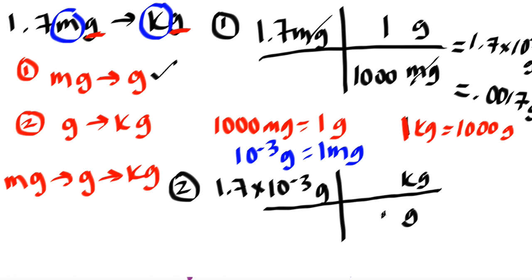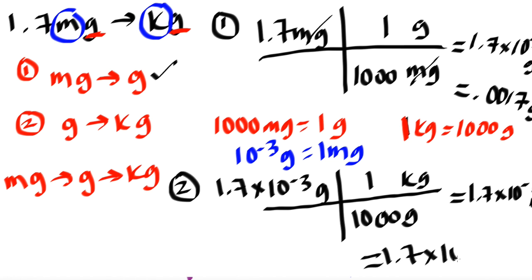So there's 1,000, I was about to write it wrong. There's 1,000 grams in 1 kilogram. So that's going to be 1.7 times 10 to the minus 6 kilograms. And if you want to plug that into your calculator, 1.7 times 10 to the negative 3 divided by 1,000. And that is 1.7 times 10 to the minus 6.